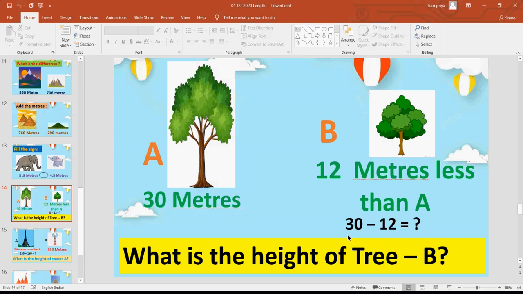Again, if you see, this sum is subtraction with regrouping. If the sum is subtraction with regrouping, you are going to borrow. So write 30, with 3 in tens place and 0 in ones place, and write 12, with 1 in tens place and 2 in ones place.